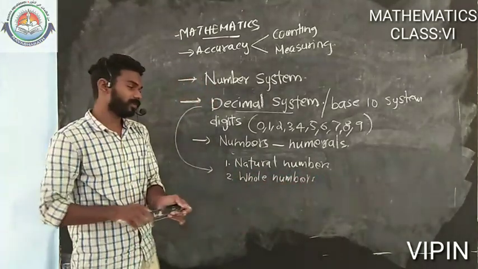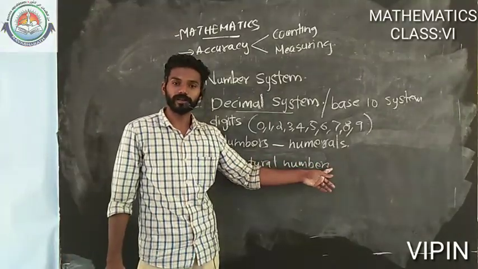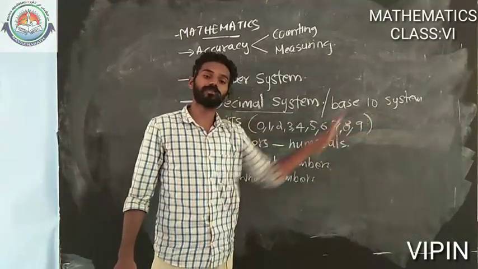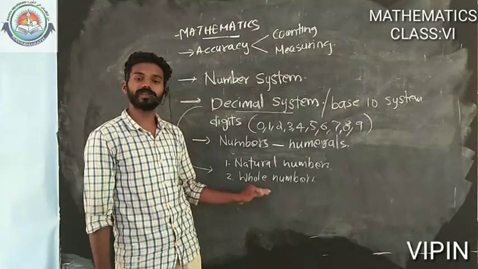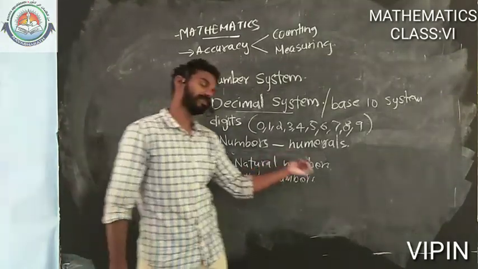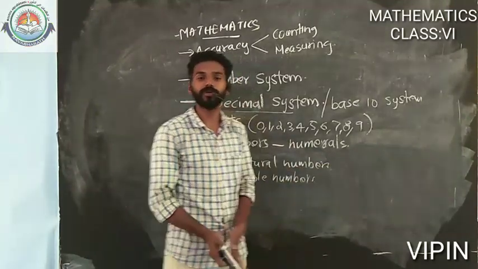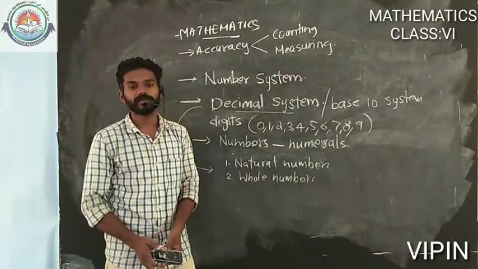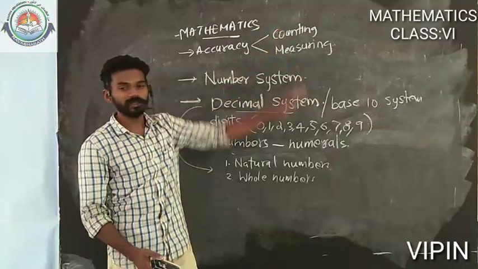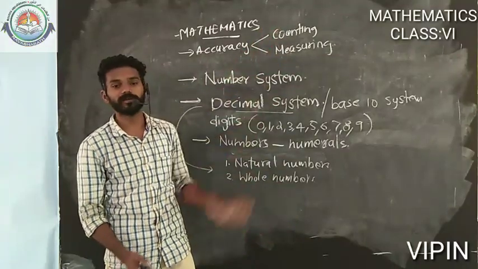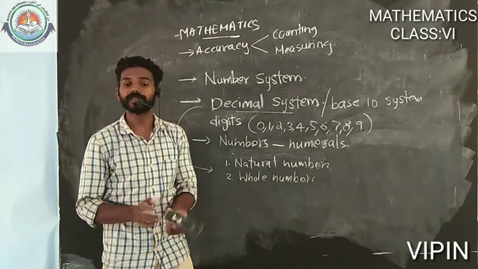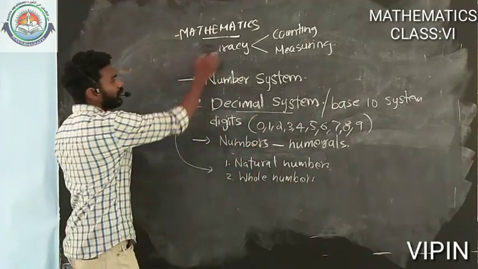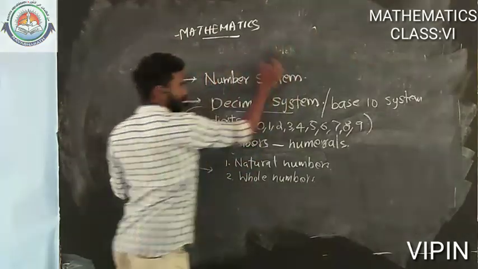The natural number starts from 1 and extends up to infinity. The smallest whole number is 0 and it is also extending up to infinity. So these are the basis of number system. So our first topic, numbers and numerals, is over.